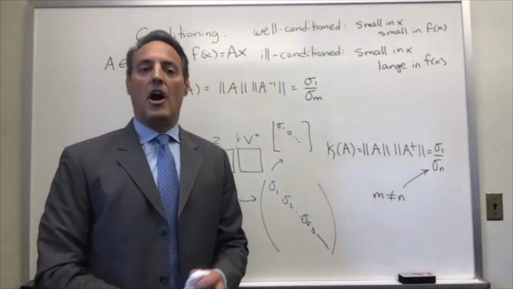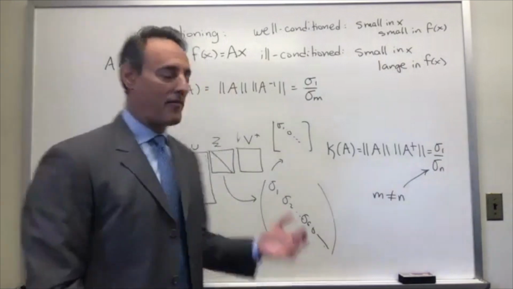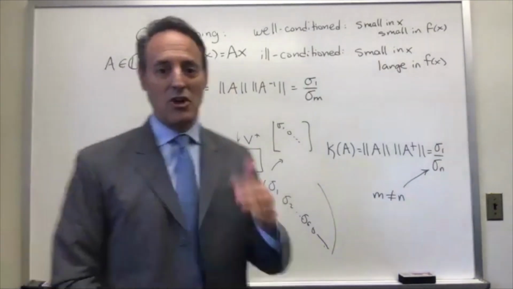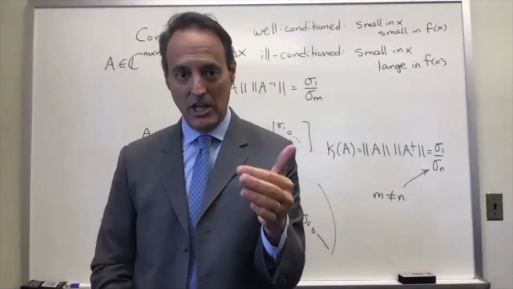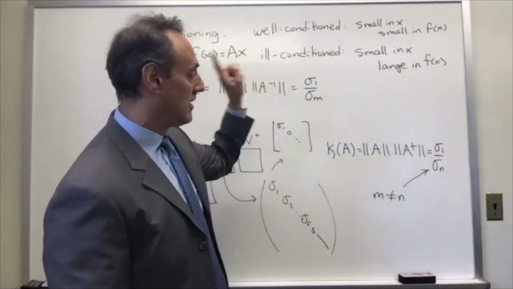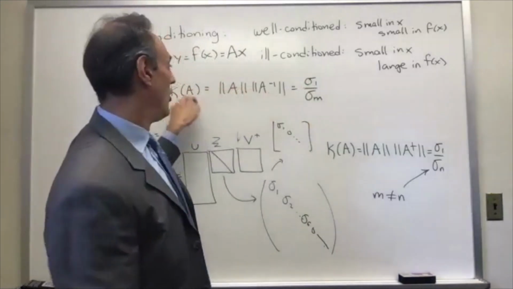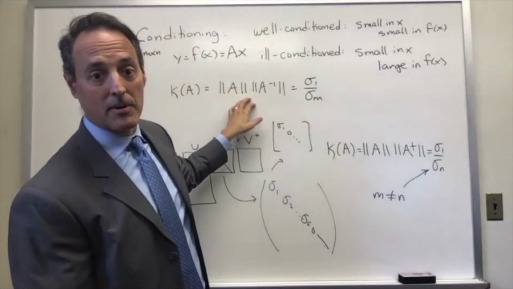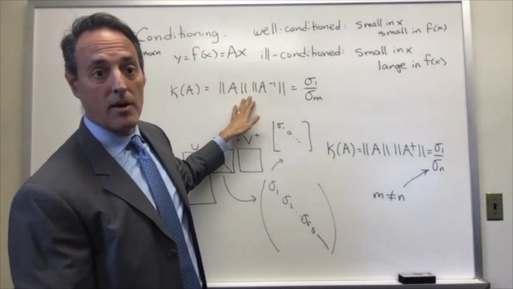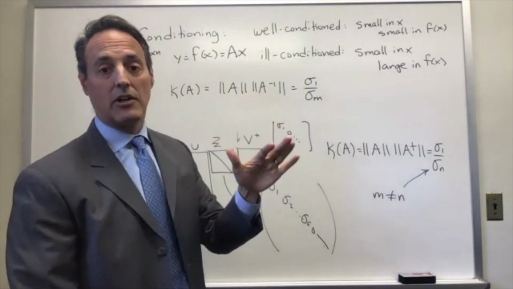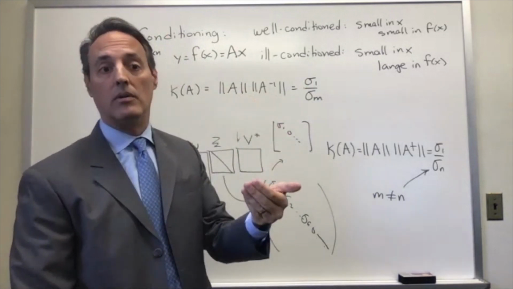Okay? Another way to say that is, if a couple of these columns are the same, the determinant is 0. In fact, the determinant is related to the condition number. So what do we worry about? A system is singular if the determinant is 0.